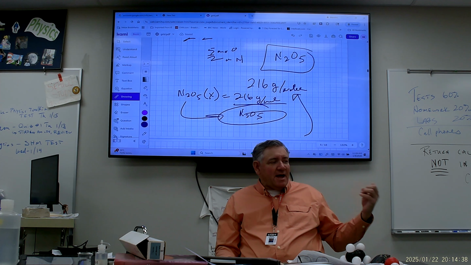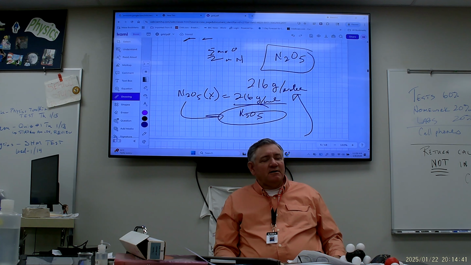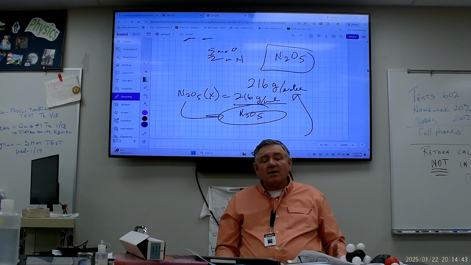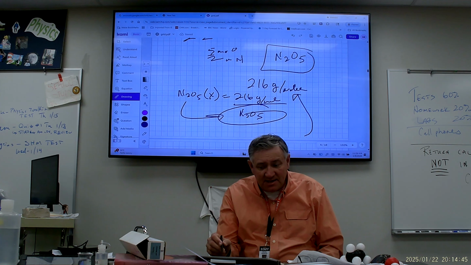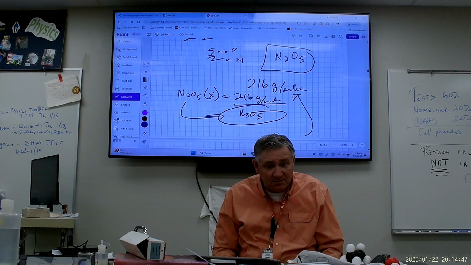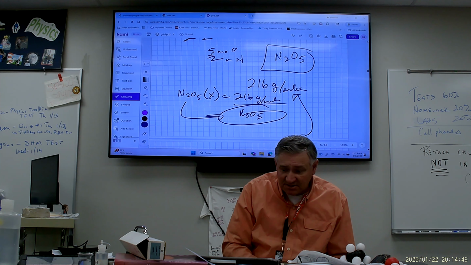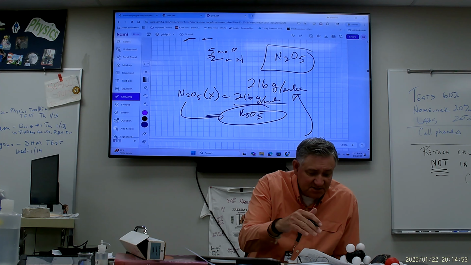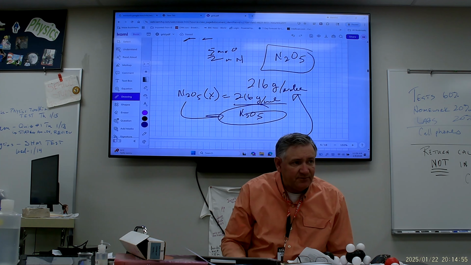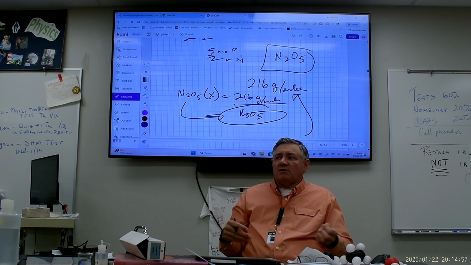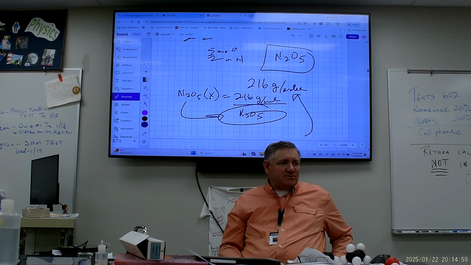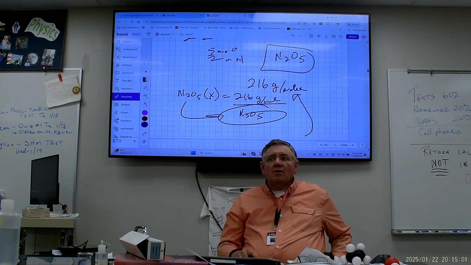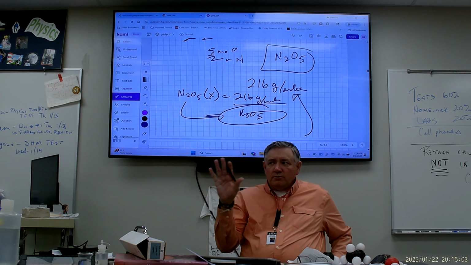If you find that molar mass and it's not 216, something's gone horribly wrong. You could also take what you have as that final answer, do the percent composition of that final answer. If that percent composition matches up to be 25.9 and 74.1, again, odds are you did it right. If you didn't, it's a train wreck. Okay? All right. Are we cool with that?